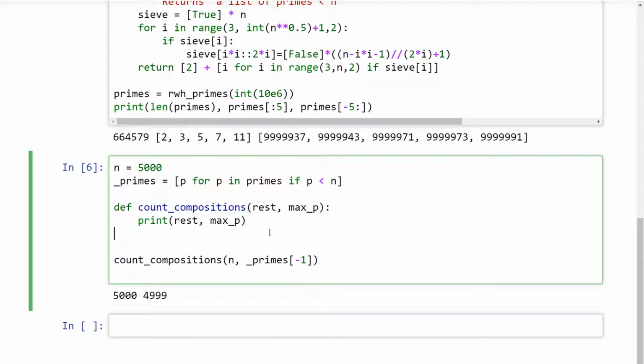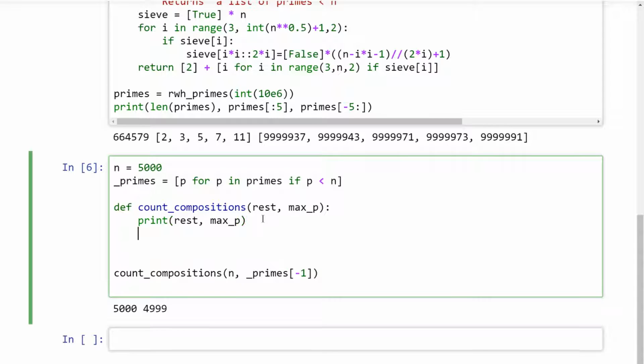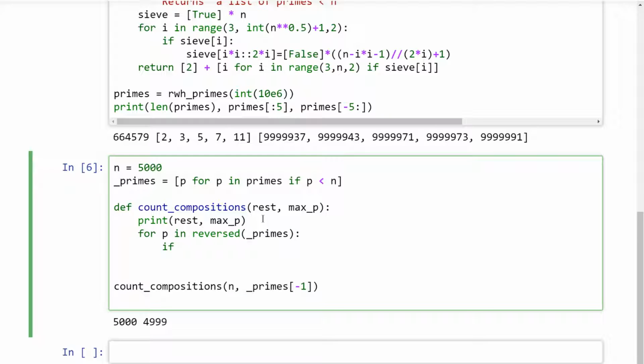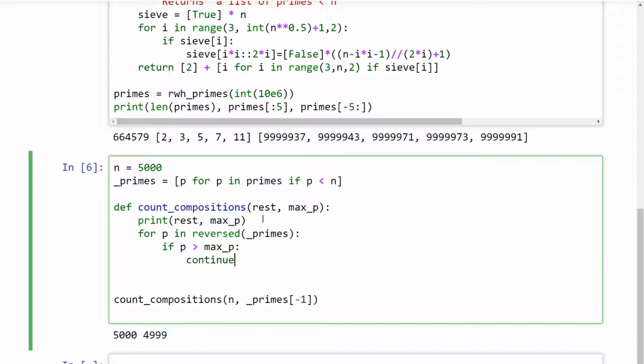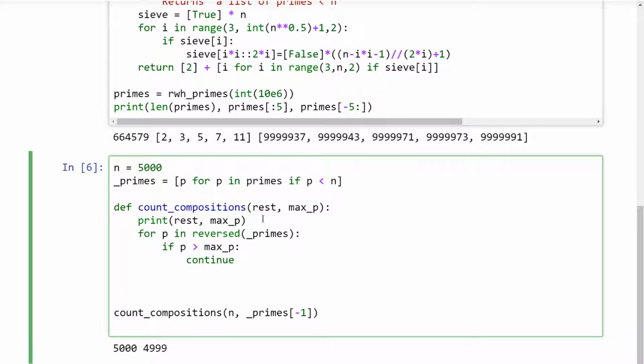That's a prime? Okay, if you say so. Okay, so we go for p in reversed primes, if p greater than max p, continue. Or should it also be equal to?